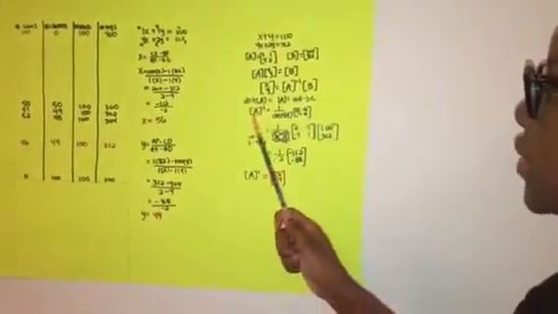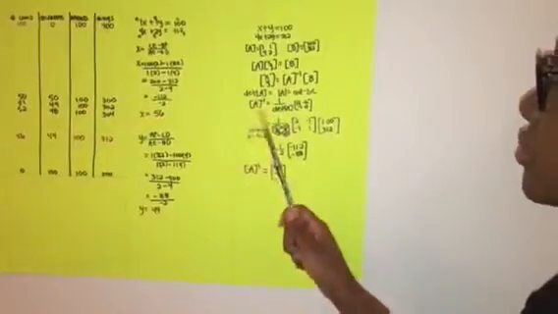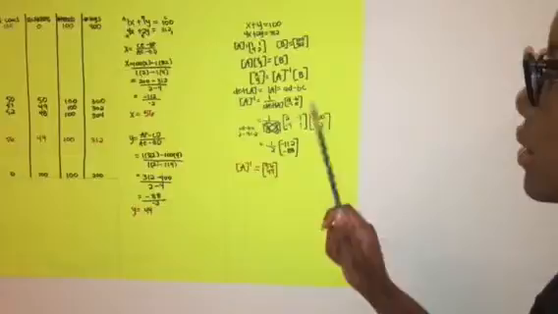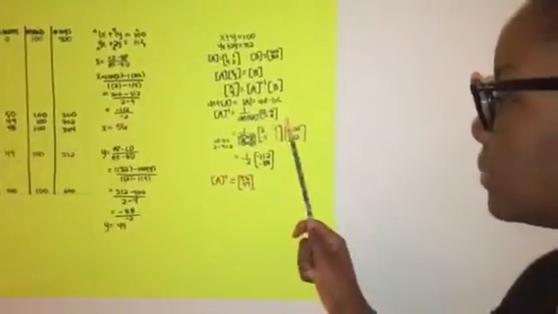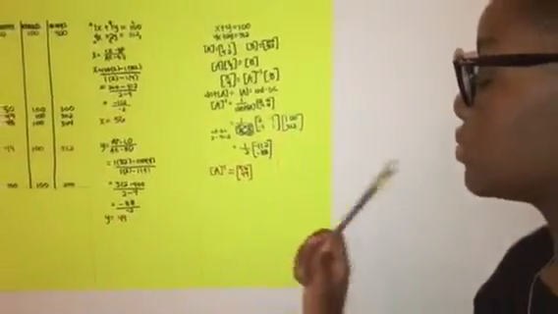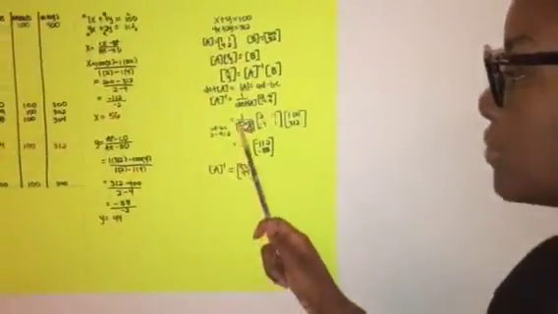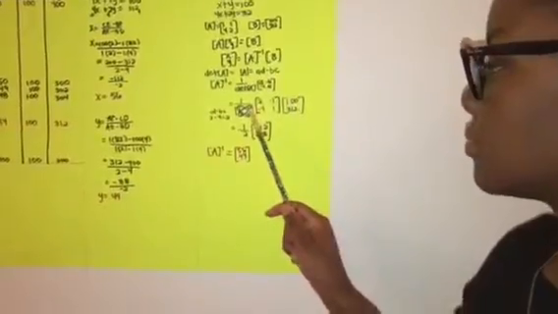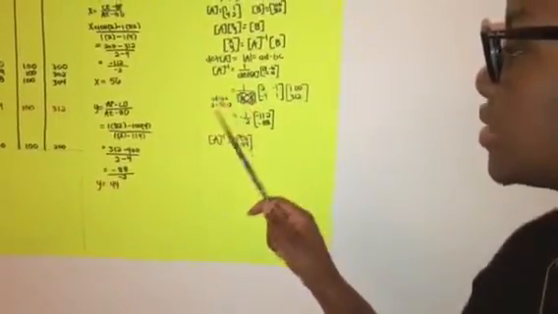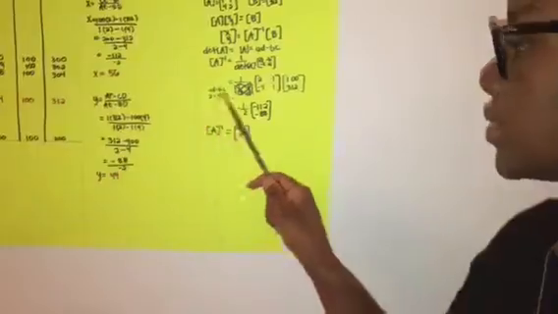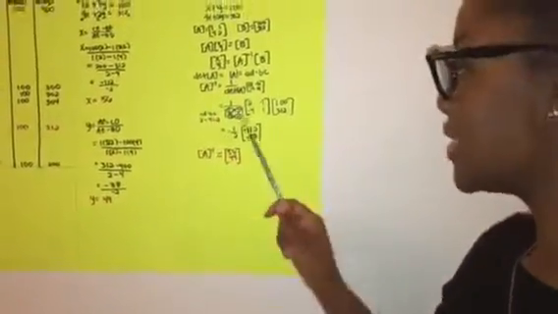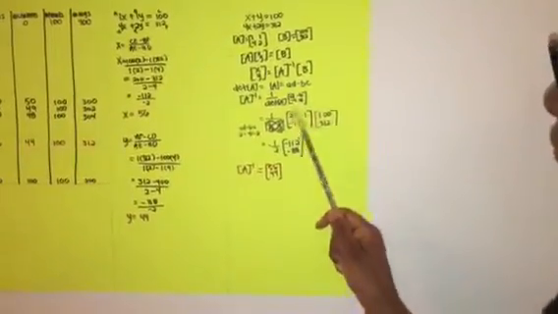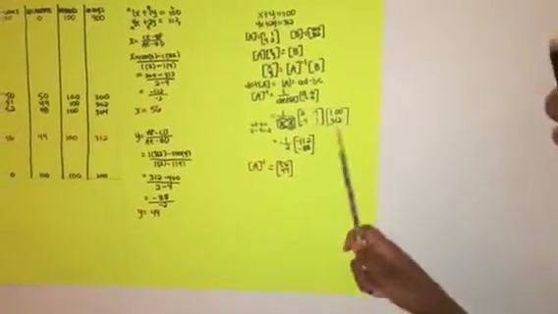And the inverse of matrix A is equal to 1 over the determinant of A times D, negative B, negative C, and A. And to find the determinant, you have A times D, this is A, and this is D, minus B times C. So that's equal to 1 over negative 2, because that's this right here, times 2, negative 1, negative 4, and 1, times 100 and 312.